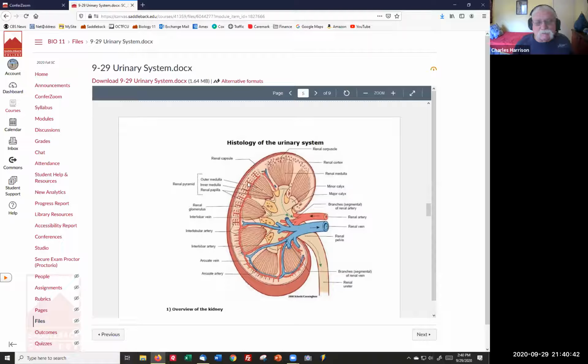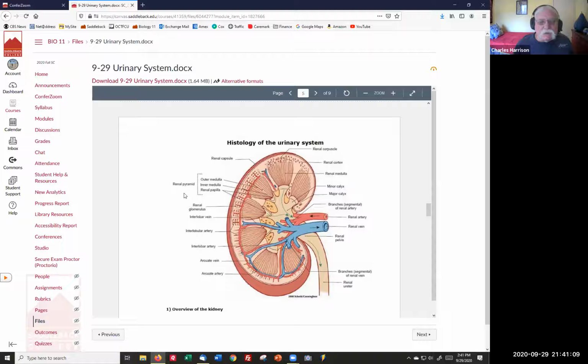The blood goes up into these little tree-like structures. They don't really look like that, but this is where the blood starts its approach to what we call the nephron. And it's the nephron that is the physiological unit of the kidney, and it's the nephron that will filter the blood.